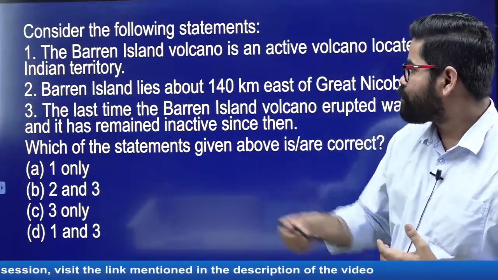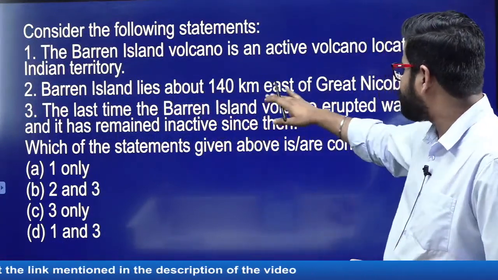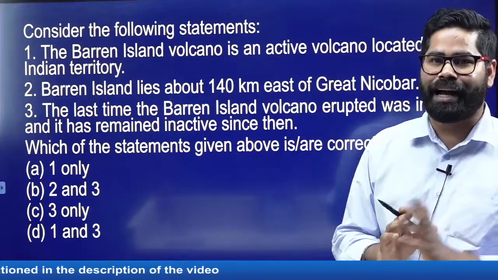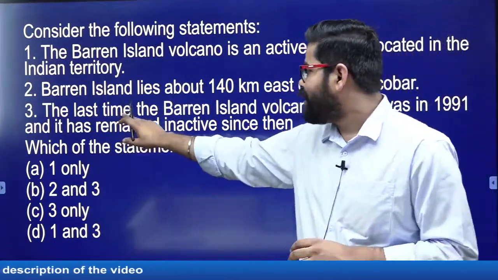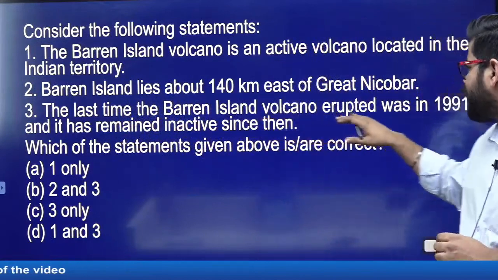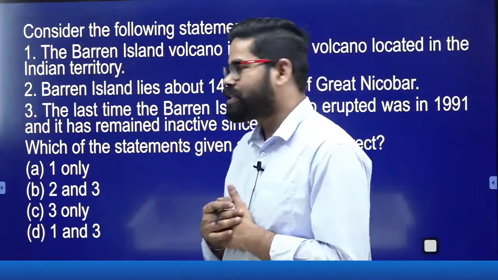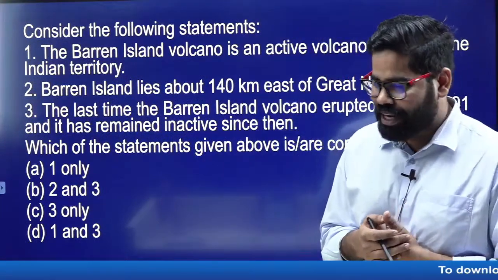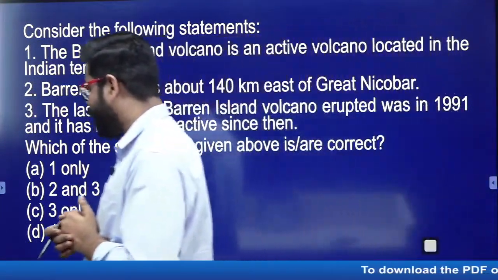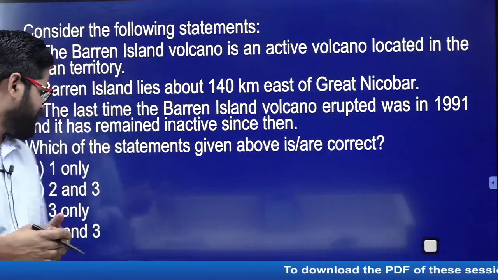Third, the last time the Barren Island volcano erupted was in 1991, and it has remained inactive since then. So can I expect some answers on this one? What would be the correct answer here?